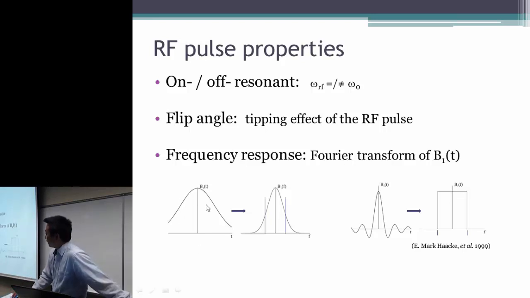If we apply a Gaussian RF pulse, because the Fourier transform of a Gaussian function is also Gaussian, we can see that the frequency response is also a Gaussian. So at this point, only a very small fraction of the spins can be considered strictly on-resonant, while other spins are more or less off-resonant.